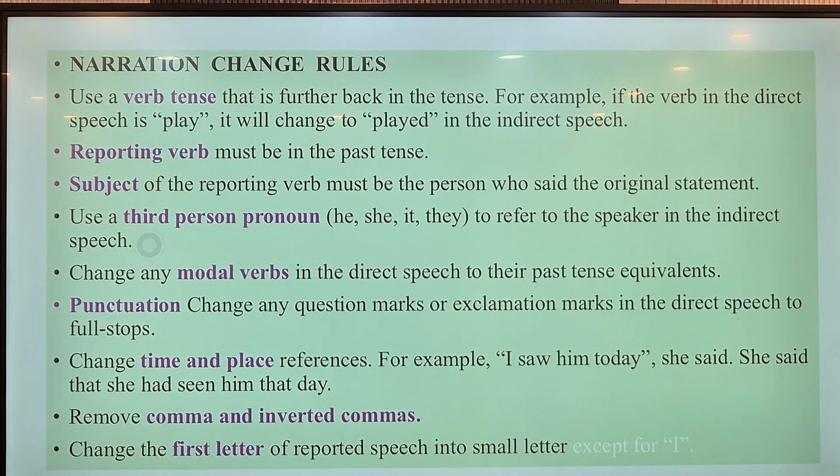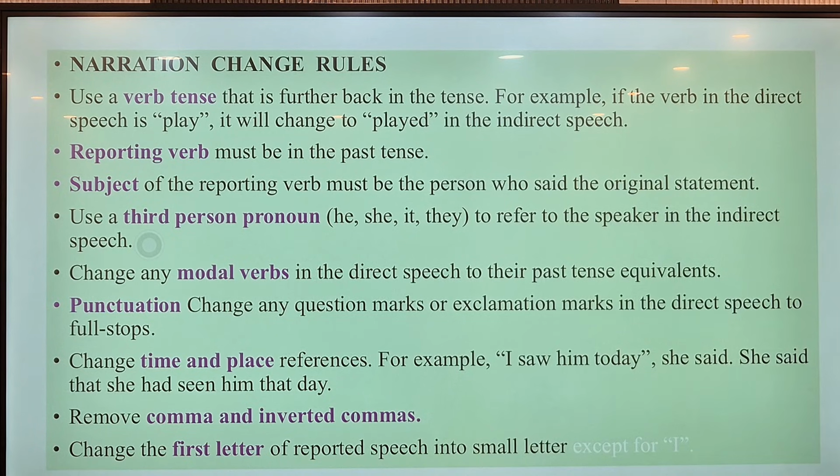So who is speaking to whom? That should be kept in mind. That is very important to keep the meaning of the sentence intact. A third person pronoun, he or she, is used to refer to the speaker in the indirect speech. Change any modal verbs in the direct speech to their past tense equivalents.